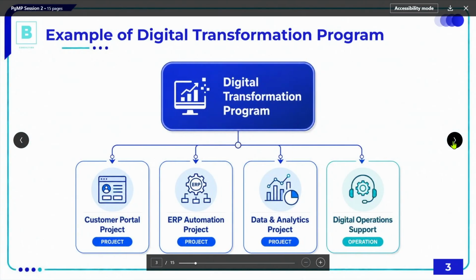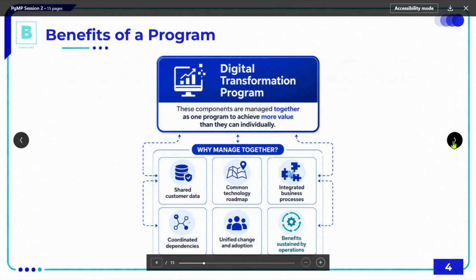Then we had an example of a digital transformation program in a company. So we have three related projects. One was about a customer portal project, the other one about an ERP automation project, then a data and analytics project, along with some operational support for this program. Now, what's the benefit of managing these projects all together?